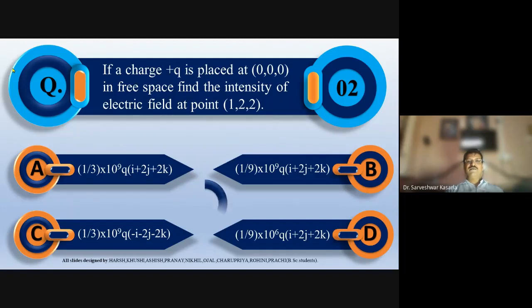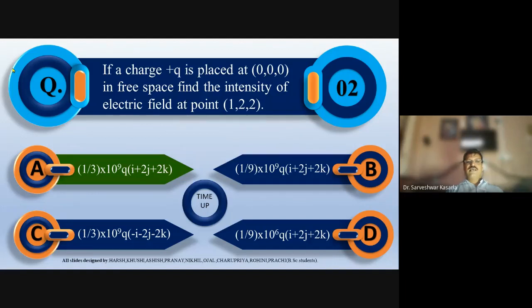Intensity is nothing but the Coulomb's force acting per unit charge. Yes, time up. The answer is 1 by 3 into 10 to the power 9 q into i plus 2j plus 2k.